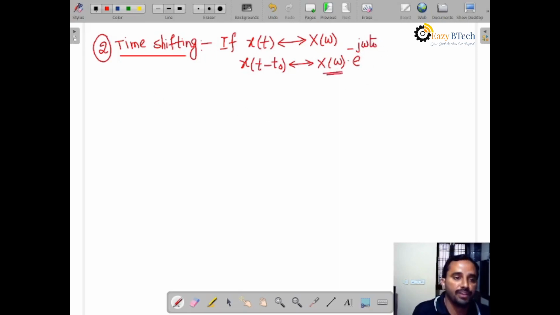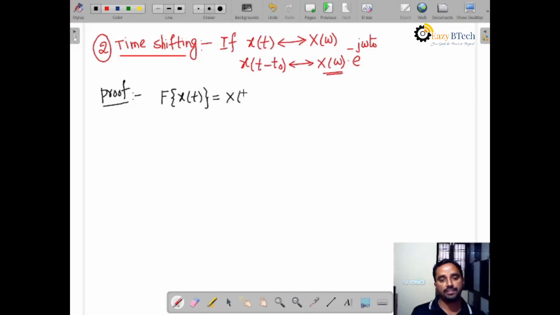Let's see the proof again. I already told you, the proof comes from the Fourier transform formula. So we know the Fourier transform of x of t is X of omega, equal to the integral from minus infinity to plus infinity of x of t into e to the power minus j omega t dt.